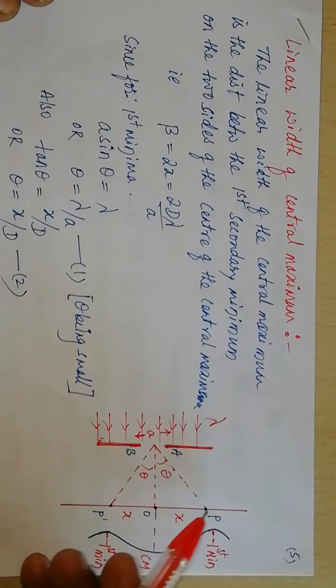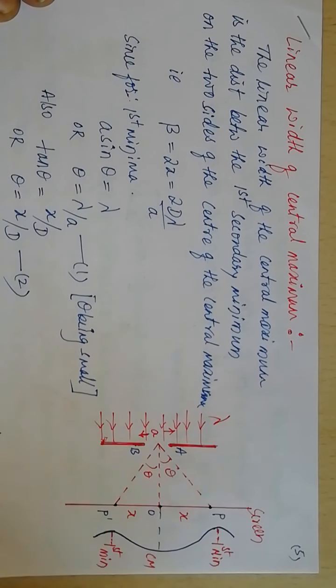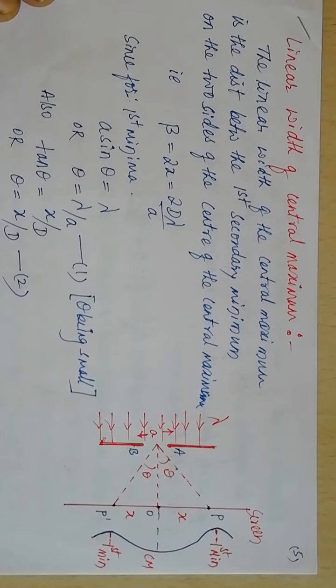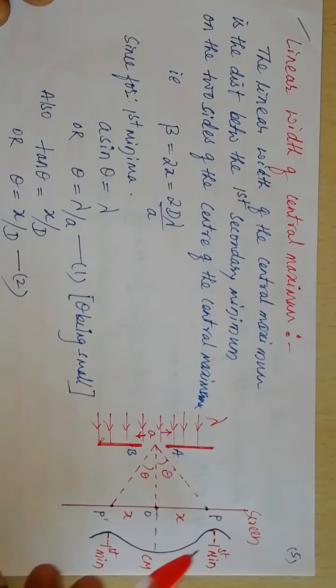A diffraction pattern is obtained on the screen consisting of alternate bright and dark bands, and this is the first minima on one side, first minima on the other side of a central maximum.